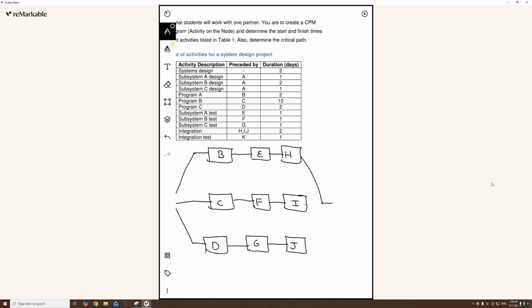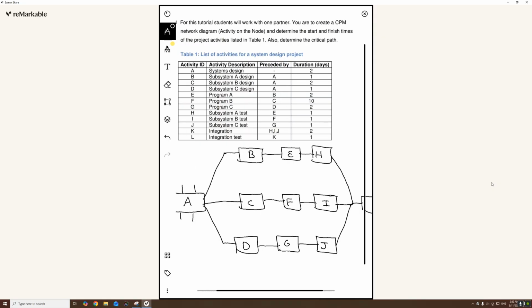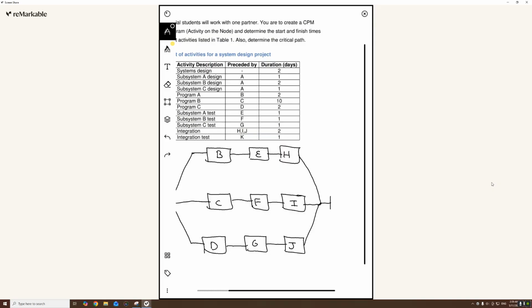So I'm gonna draw a combining arrow here that leads into activity K. So the fact that these three lines converge here to go to activity K implies that activity K requires all three of these to be completed. Activity K can only start once activities H, I, and J are all completed. Lastly, we have activity L that only depends on activity K.